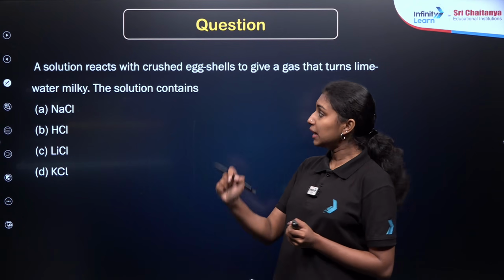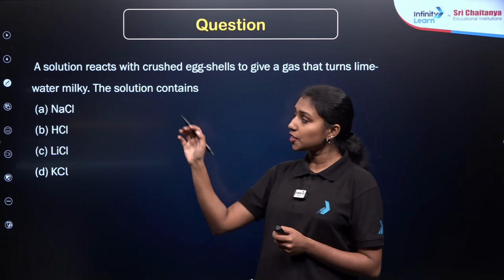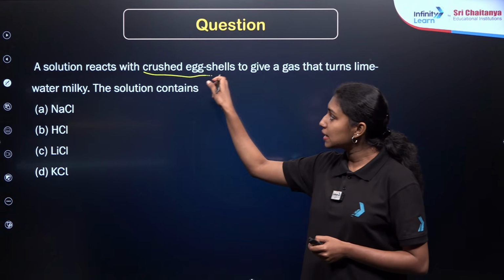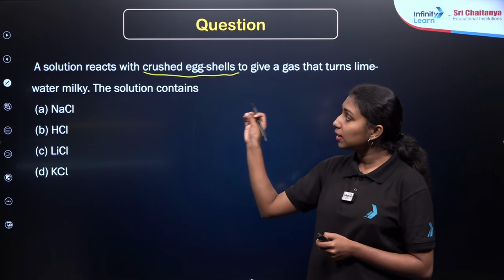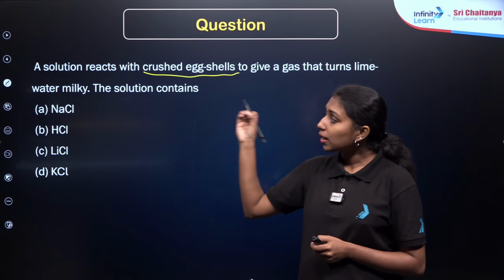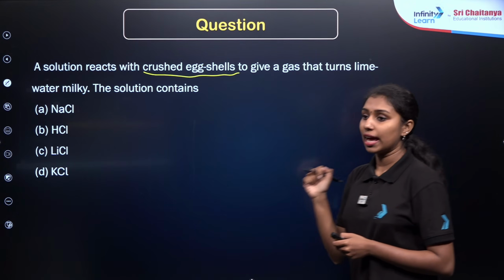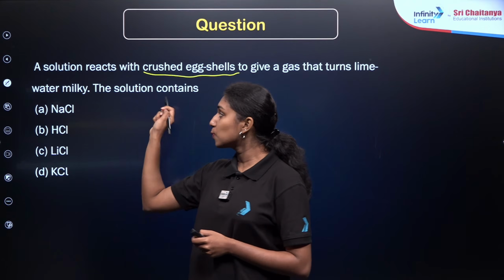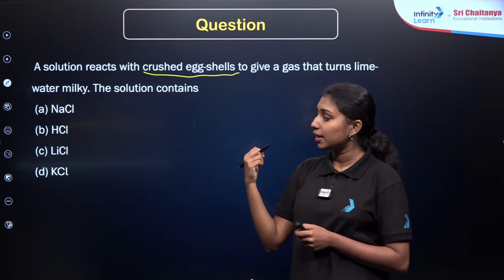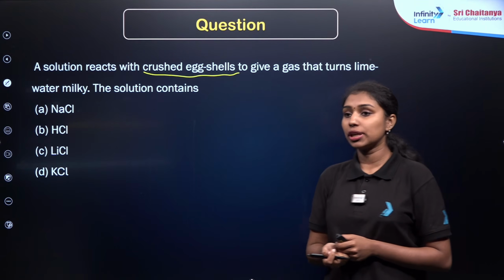They are treating a solution with the crushed eggshells. So there is a chemical substance present, right? That will be treated with a solution to form a gas that turns the lime water milky. So we need to identify what the solution contains, whether it is sodium chloride, hydrochloric acid, lithium chloride or potassium chloride.